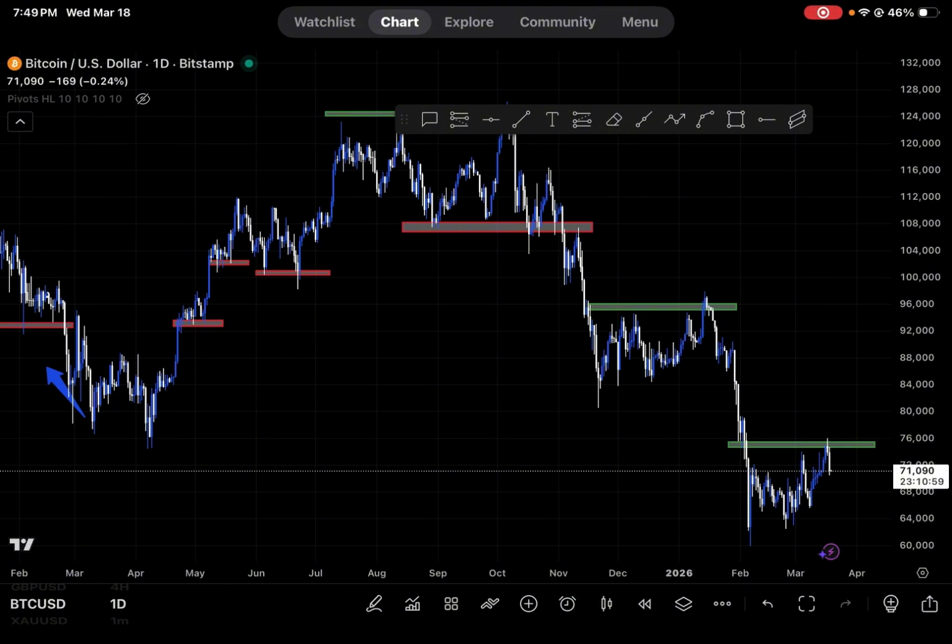This is not that difficult, and I think I tried my best in explaining this as best as possible. So go ahead, make sure you're doing the homework, go up on the chart and practice what I just taught. Learn to draw the resistance and support, because we need it to identify the levels where indications are going to happen.